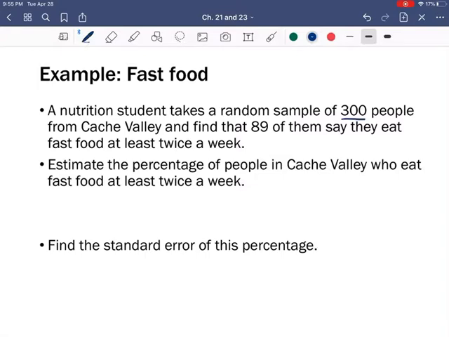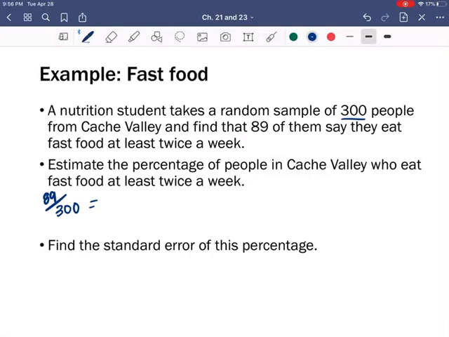From a sample of 300, we're going to take that information and make it pertinent to the whole population of Cache Valley. So 89 out of 300 is the percentage we got, and that's going to be our estimate.